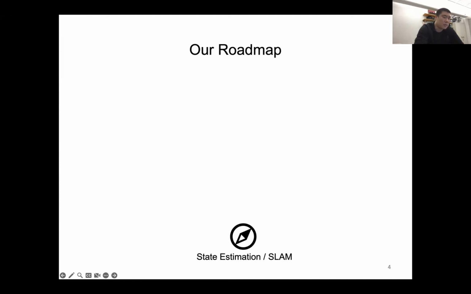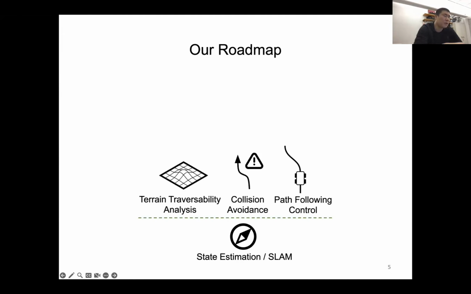On top of SLAM, we build up multiple layers. We first have this mid layer with 3 modules. They are all fundamental navigation modules. The mid layer is meant to provide the fundamental navigation functions, starting with terrain traversability analysis, to analyze the terrain and segment it into traversable and non-traversable.